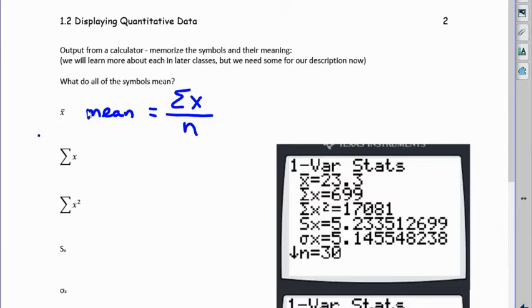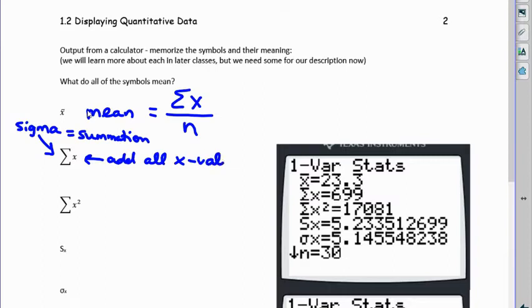This next symbol is the Greek letter sigma, and it stands for summation. What this is saying is add all x values. You can see that adding all the x values in our data gave 699.